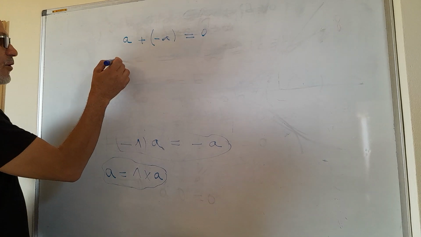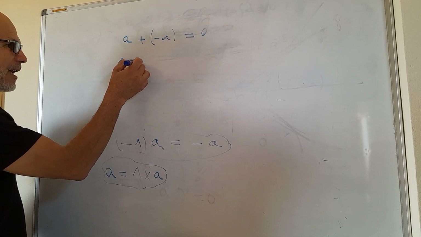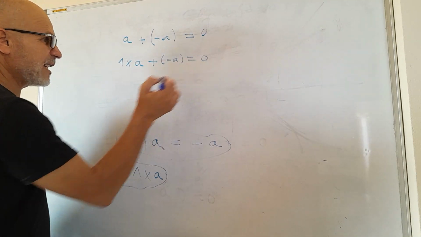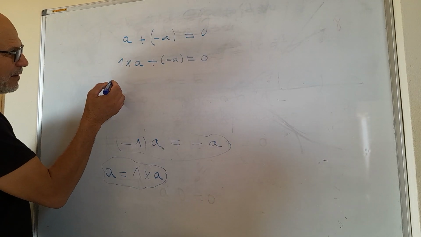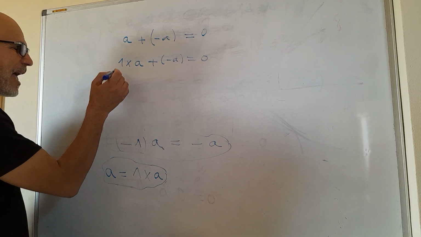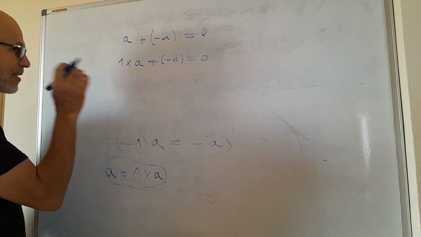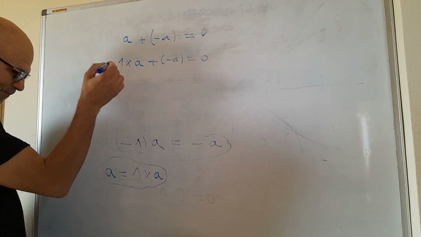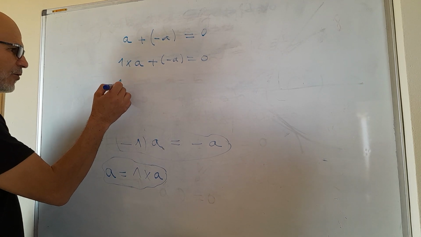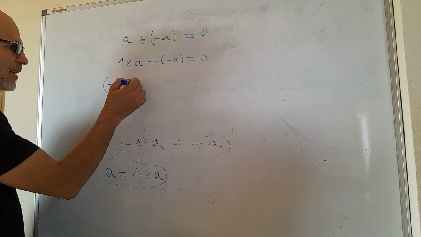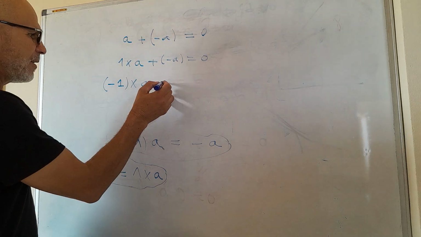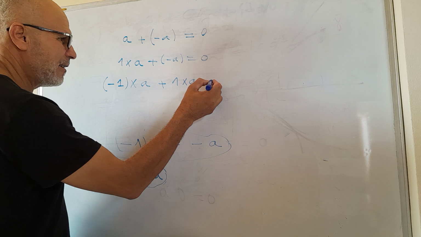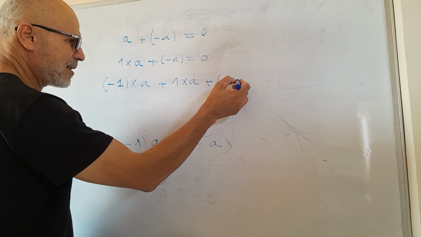Then we have 1 times a plus minus a equal to 0. At this stage, we add minus 1 times a: minus 1 times a plus 1 times a plus minus a.